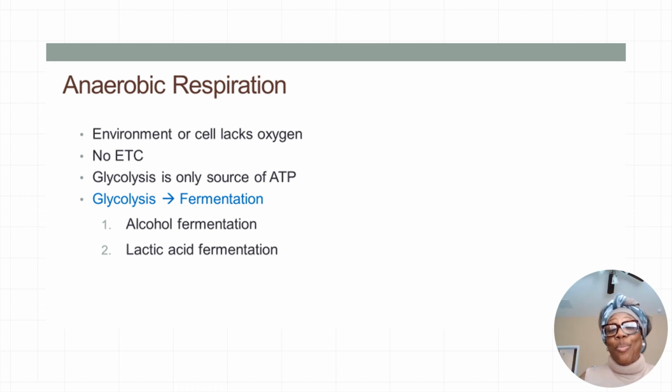Well, in anaerobic respiration, when there's no oxygen involved, those steps don't occur. The only step that occurs is glycolysis, and glycolysis, therefore, in those organisms or situations, is the only source of energy. It is the only thing that's producing ATP. So glycolysis is the only thing that produces ATP in fermentation.